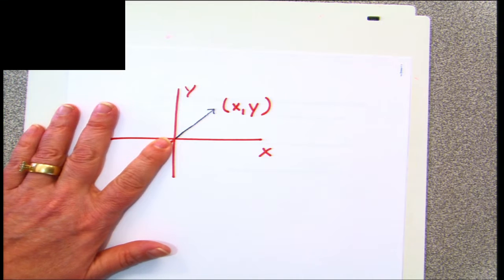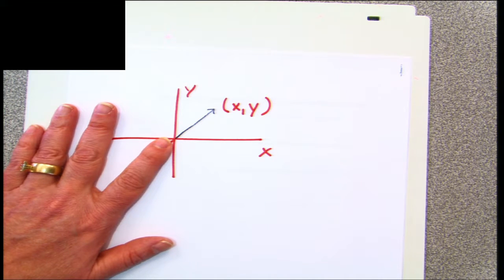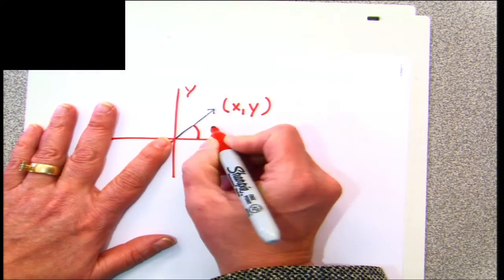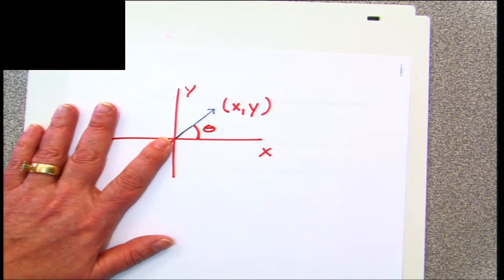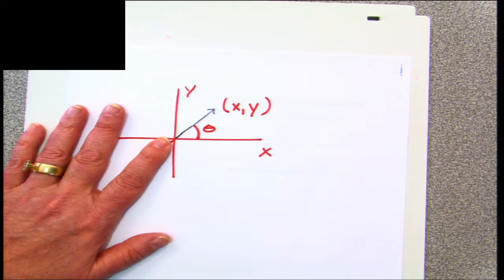The other common system we're going to use gets us into our right triangles. There's my angle, and the magnitude of that vector is the letter R. I can do it in polar coordinates, and that same position can be written as R and theta.